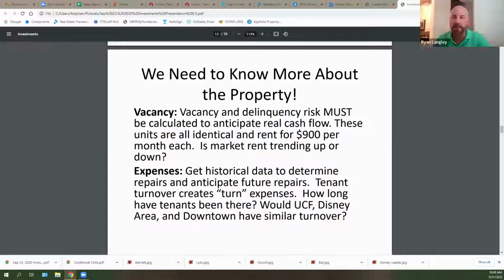Right. Yeah, Angie, I know you worked out near the UCF area, and I'm sure you saw plenty of that. Parents come in and buy townhouses for their kids who are going to go to college there, and then the kids leave and they sell them. So of course, turnover in different areas is different.